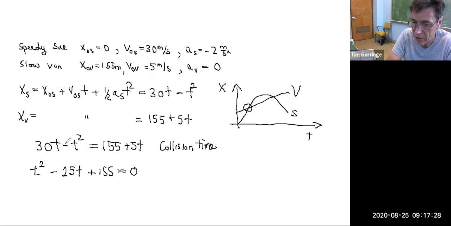And I did that just by moving these two terms over here on the left-hand side over to the right-hand side, leaving 0 on the left-hand side. So when I move the minus t squared over, I get a plus t squared. When I move the 30t over, that becomes a minus 30t, but there's already a 5t here. That's why I get the minus 25t. And then here's the 155.